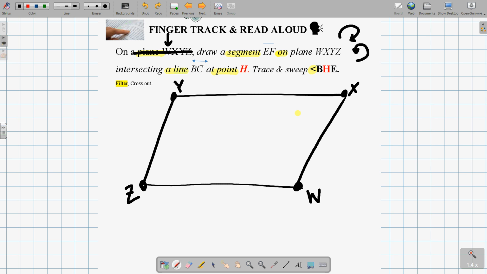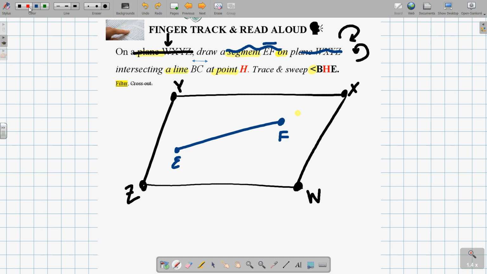I cross it out. Then I have segment EF that's on the plane. So think of it like a pencil on a tabletop. Notice no arrows because I set it to segment EF. I could have easily put the E at the other end.